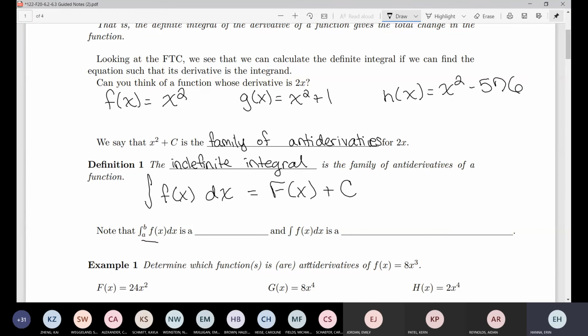So essentially we have these two types of integrals: the ones with bounds and the ones without bounds. And we'll be working with both a lot more in the next couple of days. The one with bounds is a number, and we'll figure out how to find that number. Well, you know how to do it in a calculator if your calculator can handle that.